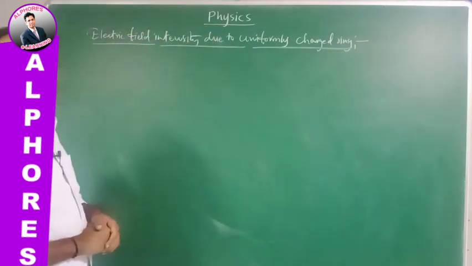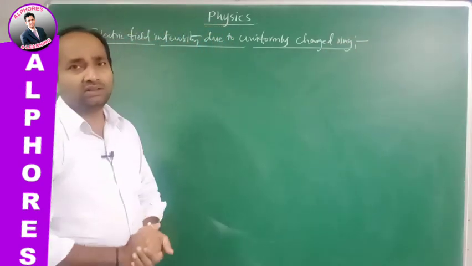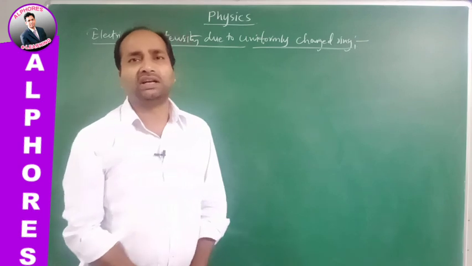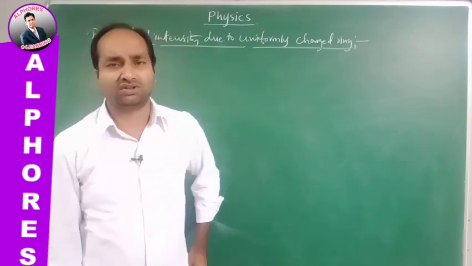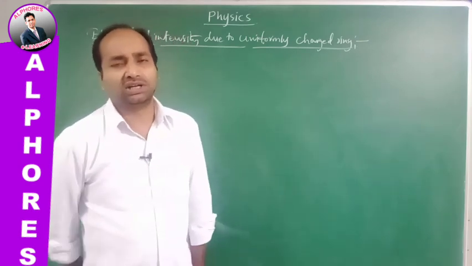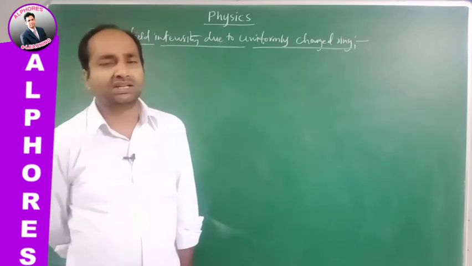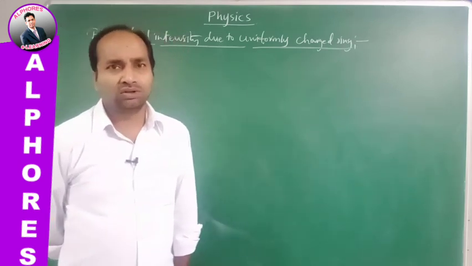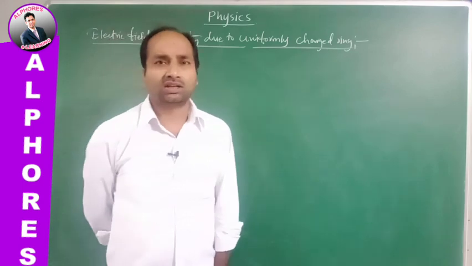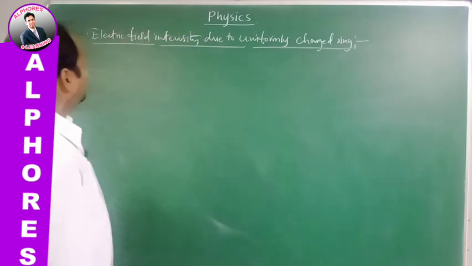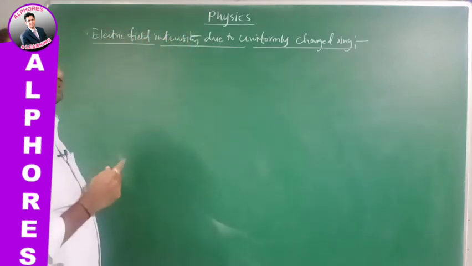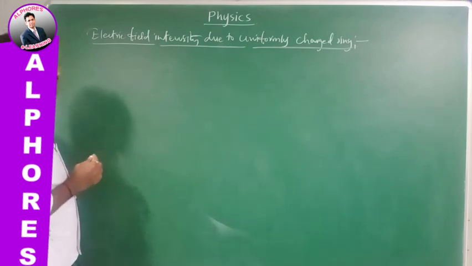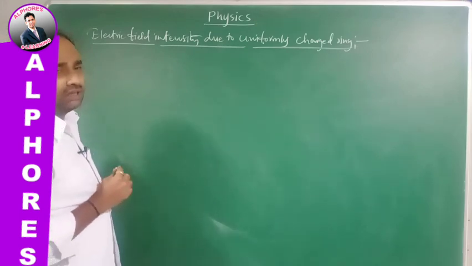Okay, so already by using Gauss law we calculated the electric field intensity due to a uniformly charged long wire and an infinite plane sheet of charge, and also a conducting sphere and a non-conducting sphere. But here again electric field intensity due to uniformly charged ring, but not by Gauss law here.